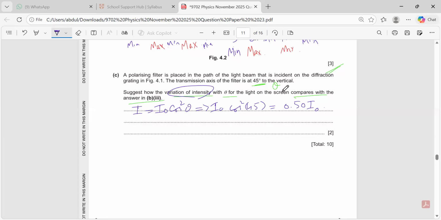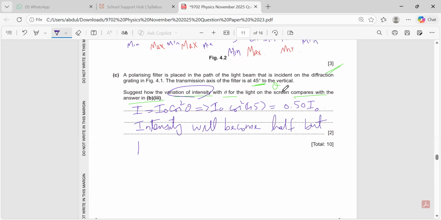So intensity will become half, because 0.5 I naught is in front of us.